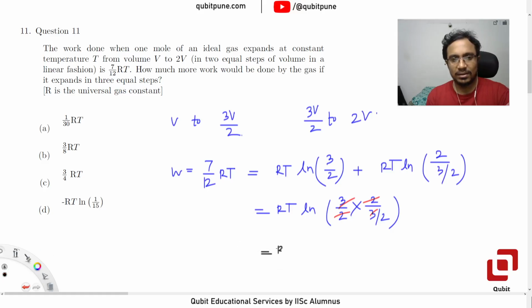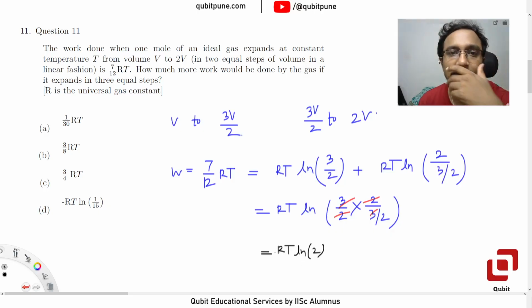If you do it this way, it's not actually equal to 7 by 12 RT. Okay, we'll try to figure it out.